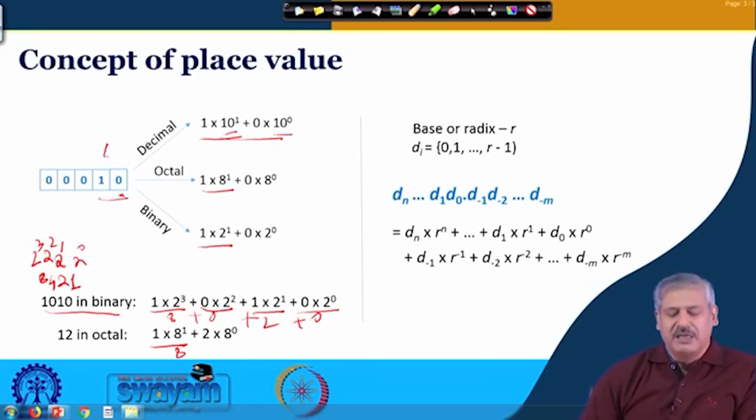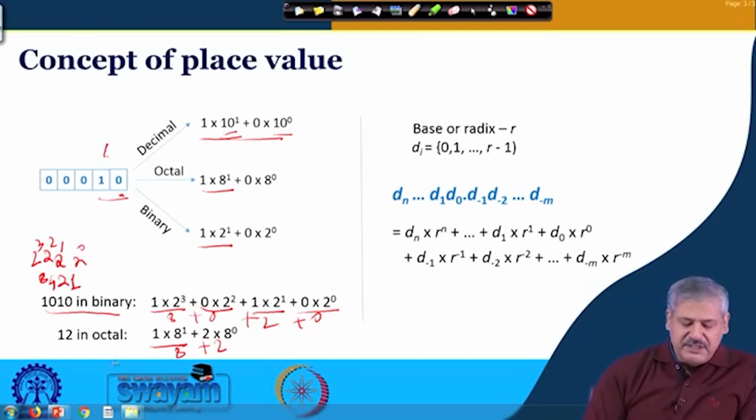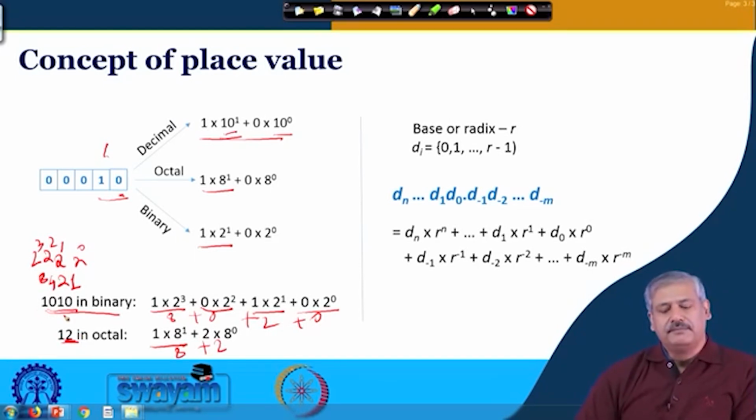So, 2 into 1 is 2. So, 8 plus 2, it was 10. So, in the last row, that is how we had a decimal equivalent of 10 for representation 1 2 in octal and 1 0 1 0 in binary. So, this is the concept of place value.